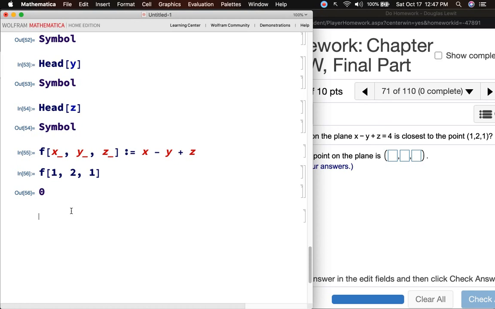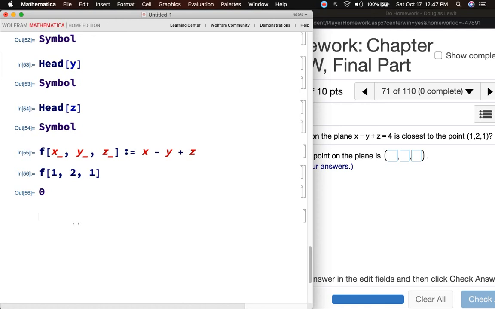I'm going to have the derivative of f with respect to x is 1, is equal to, and now think about the derivative. Well, actually, no, sorry about that. Let me start this over.